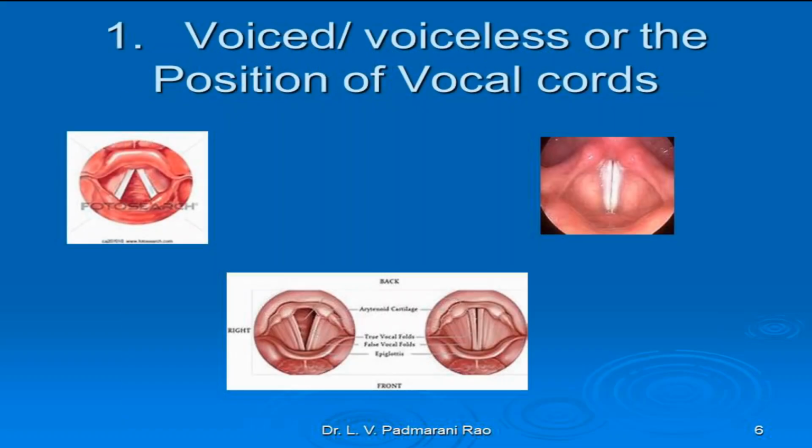And when we look into this first question of whether the vocal cords vibrate or not, accordingly producing the voiced or voiceless sounds, as discussed earlier, we can have a number of positions assumed by the vocal cords because they are free at the back and attached in the front. Of the various positions that the glottis can assume, the following four positions that you could see in the picture are important.